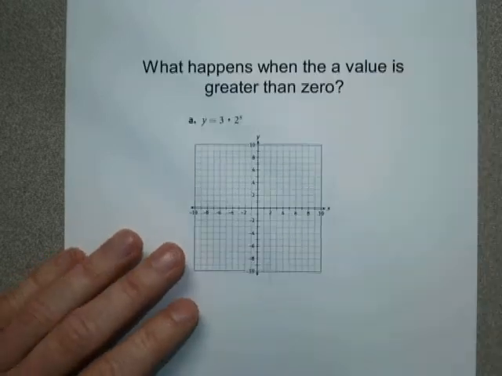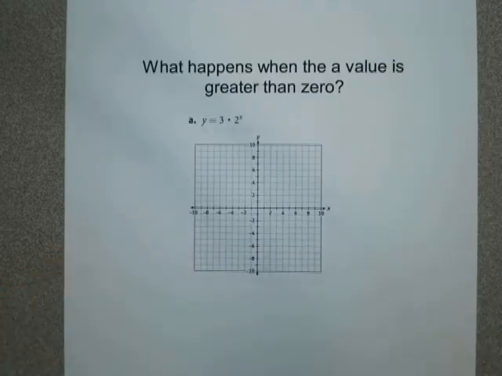So let's look at some of these graphs again. So we want to know, could I have looked at the equation and generally known what was going to happen? Not necessarily know exactly what was going to happen, but kind of generally know what was going to happen. And the answer to this is yes.